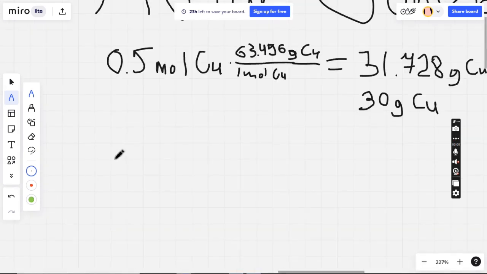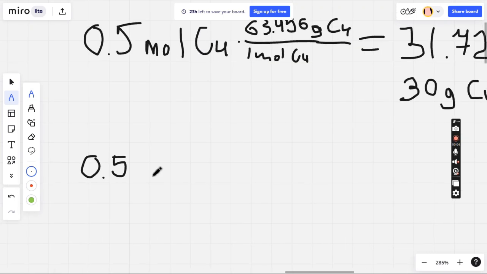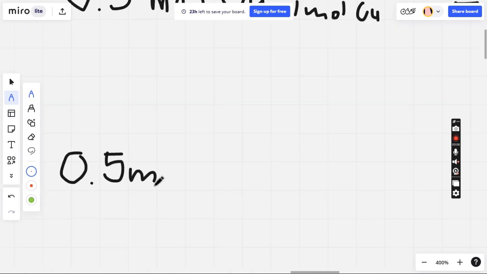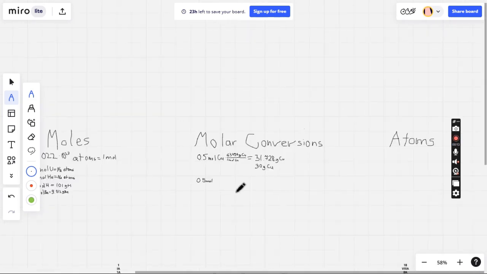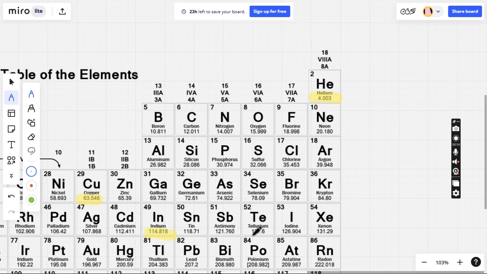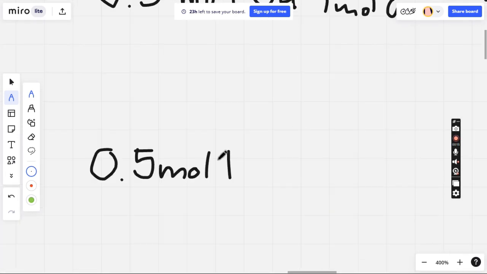Let's look at another problem, this time from moles to atoms. This can be anything, so let's use tellurium, Te, because this one's just kind of simple.